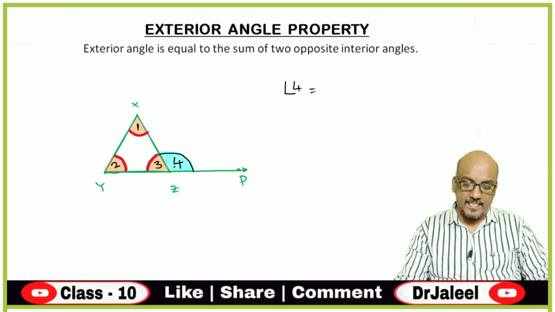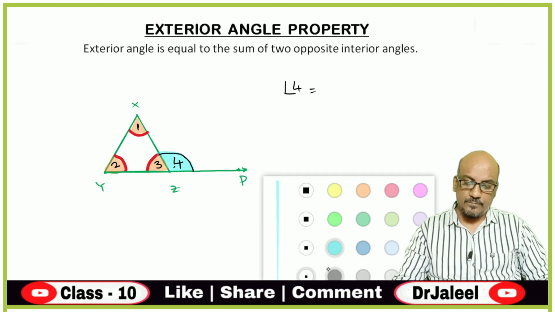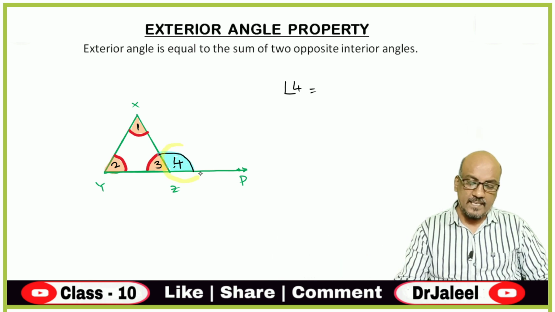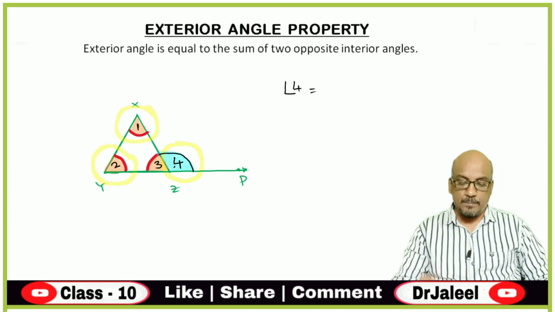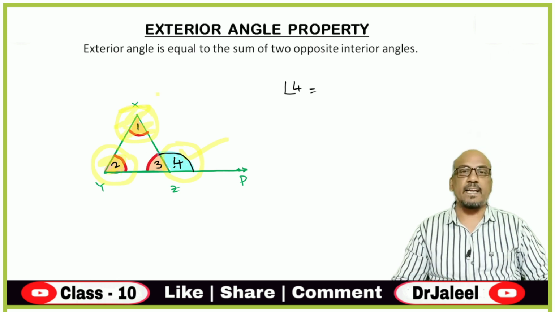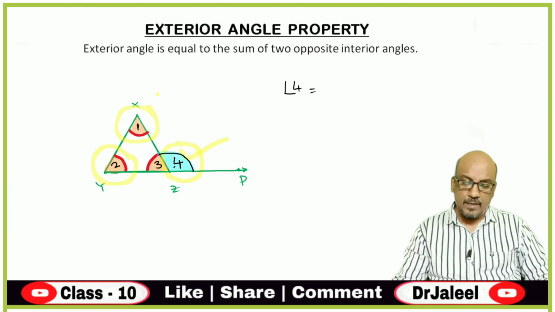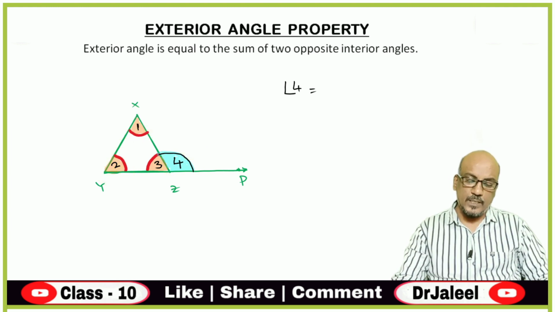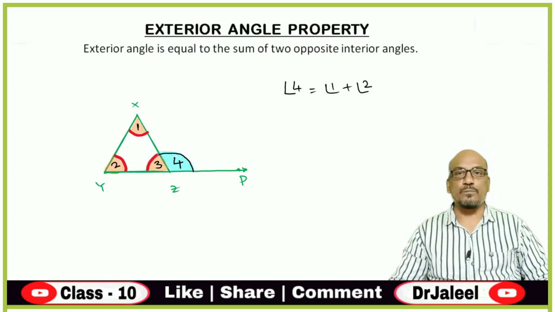So to this exterior angle, what are the 2 opposite interior angles? 1 and 2. That means this exterior angle is equal to the sum of two interior, mean this and this angle. So let's symbolically represent it. So angle 4 is equal to angle 1 plus angle 2.